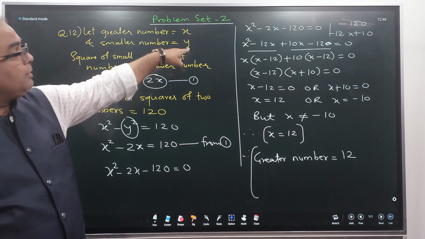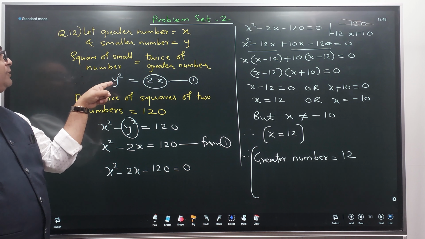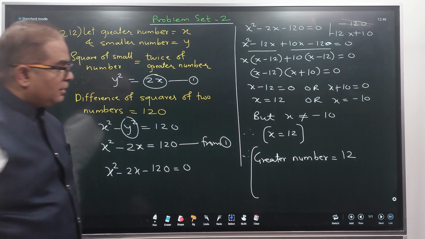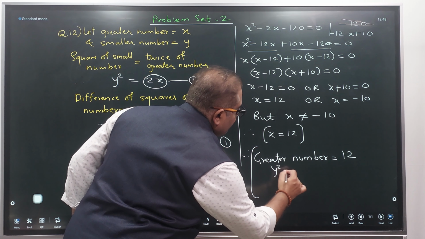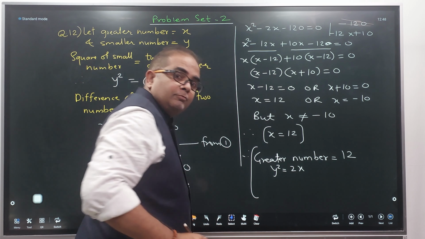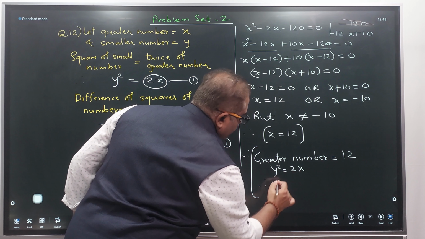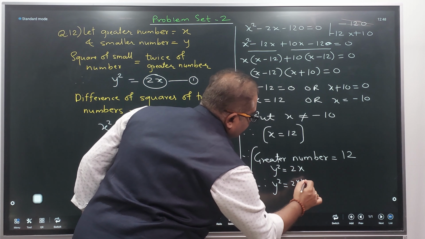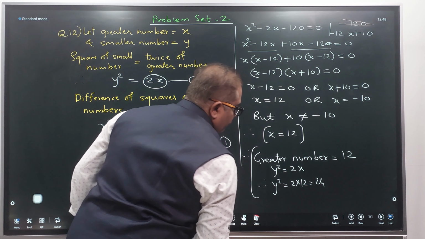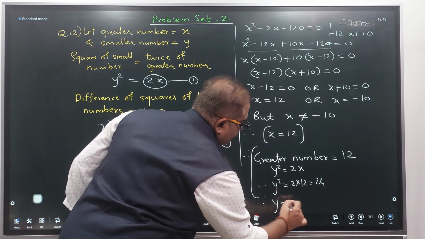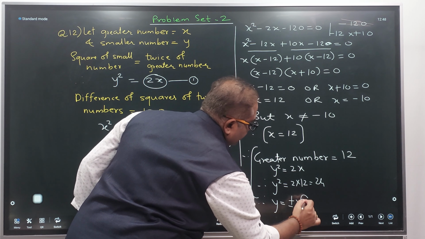Correct? Smaller number. What is the smaller number? It is y. But what is said? That y square is equal to 2x. So x is 12. So y square is equal to 2 into 12, that is 24. So if y square is 24, that means y is equal to plus minus square root of 24.